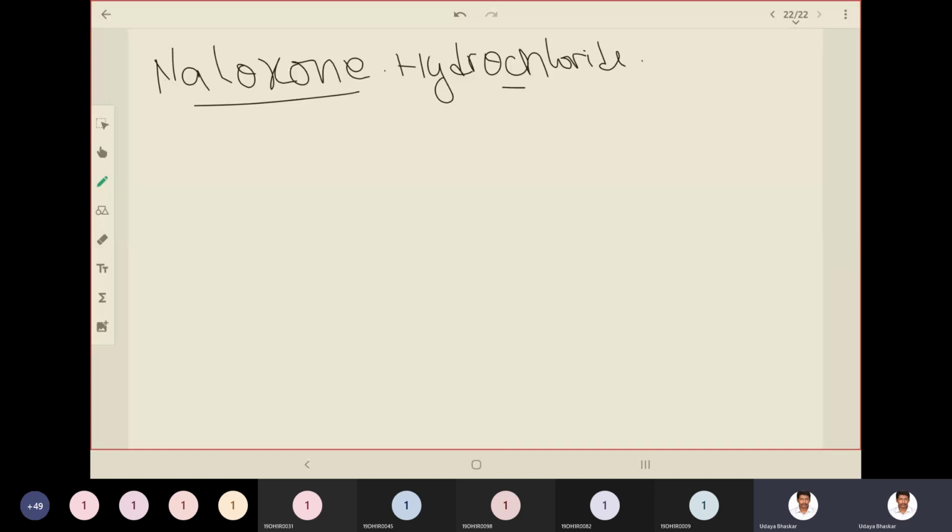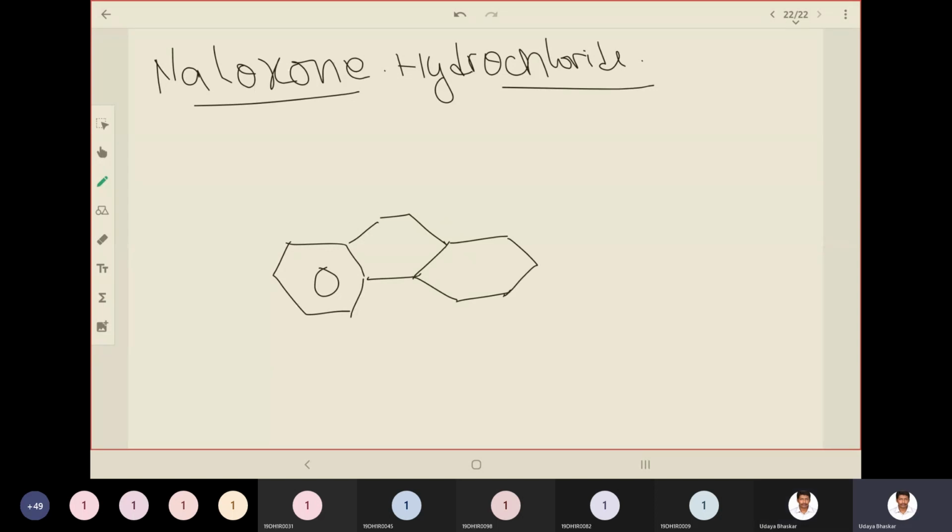Here you have the ether bridge. Pentacyclic. Draw the phenanthrene first. Here it is a double bond, put the ether linkage. Here one hydroxyl group.